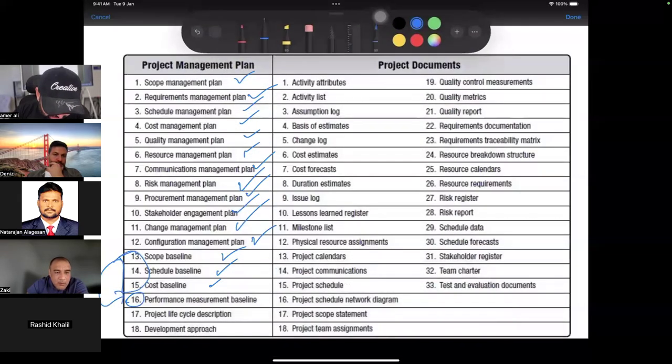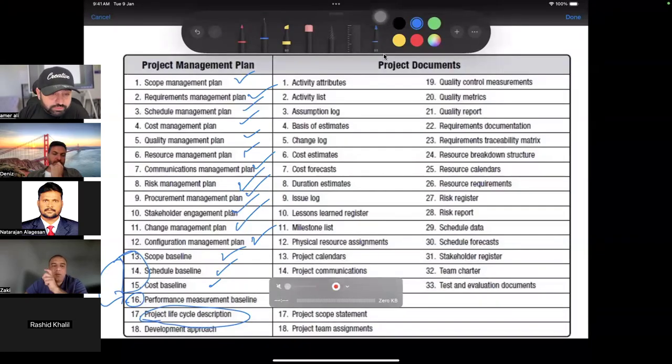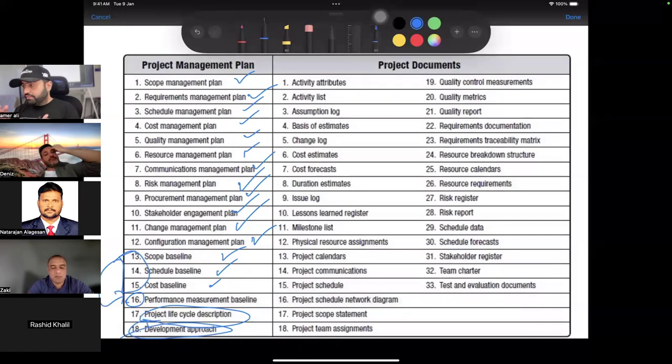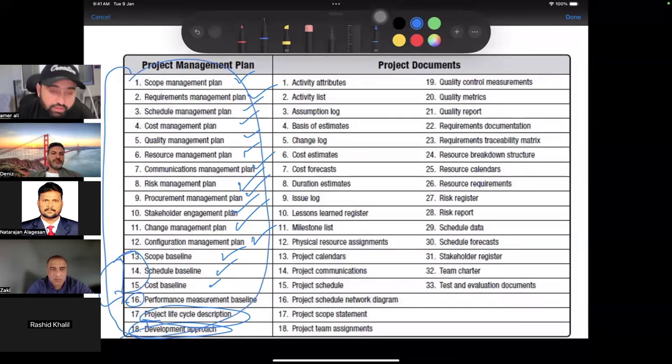The project life cycle description defines which life cycle and development approach you will use: predictive, incremental, iterative.